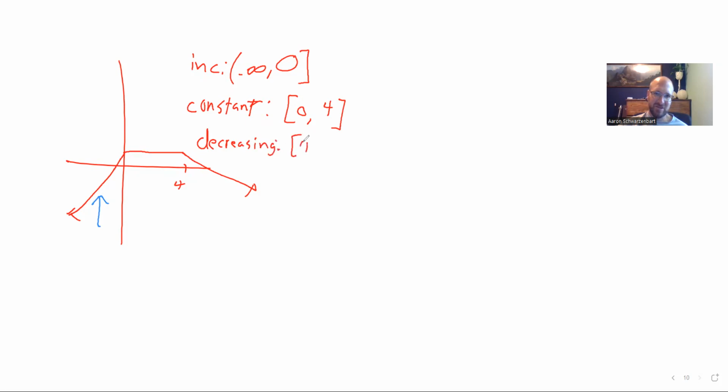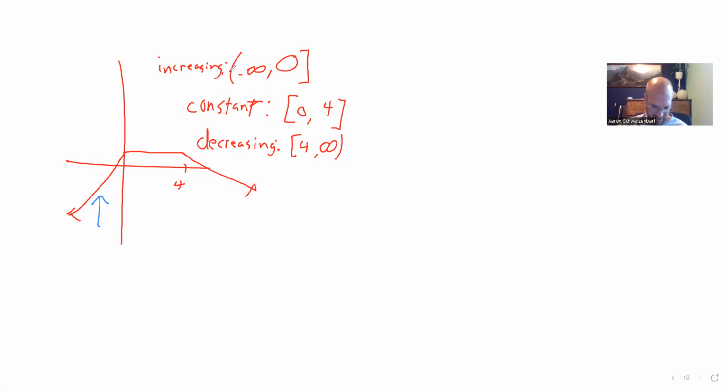Again, I include 4 because it gets smaller from 4 to infinity. I usually abbreviate increasing, decreasing with inc and dec. You are welcome to use those to have to write less.